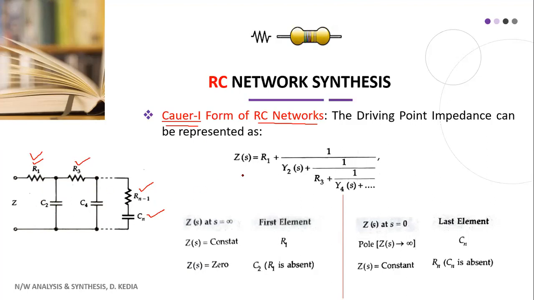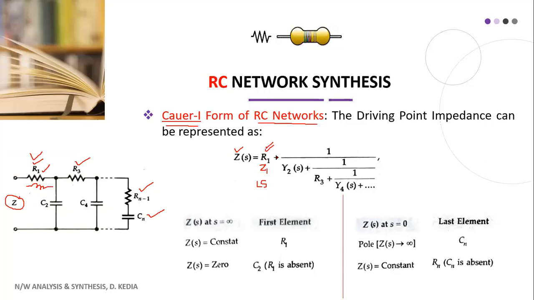If you are able to recall this, since this is an impedance function, we have Zs equal to R1. If you remember, yesterday we had an inductor here, so instead of R1 we had written Z1, and Z1 was nothing but Ls. Now since we have only resistance, we have directly written R1 here.